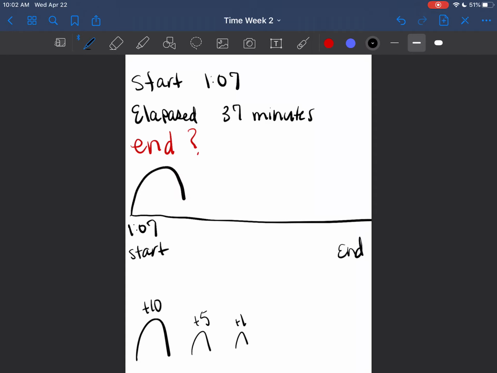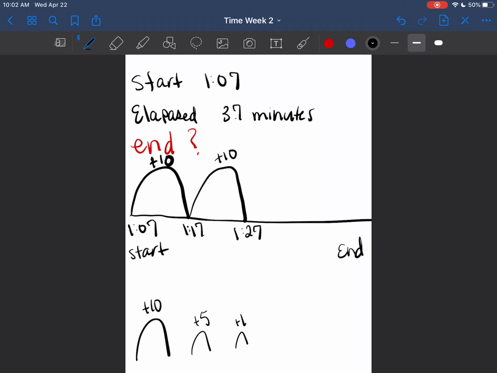So I'm going to start off with a big jump of 10. 1:07 plus 10 minutes is 1:17 because 7 plus 10 is 17. I'm going to make another jump of 10 minutes. 1:17 plus 10 is 1:27. So far, I've jumped or passed 20 minutes.